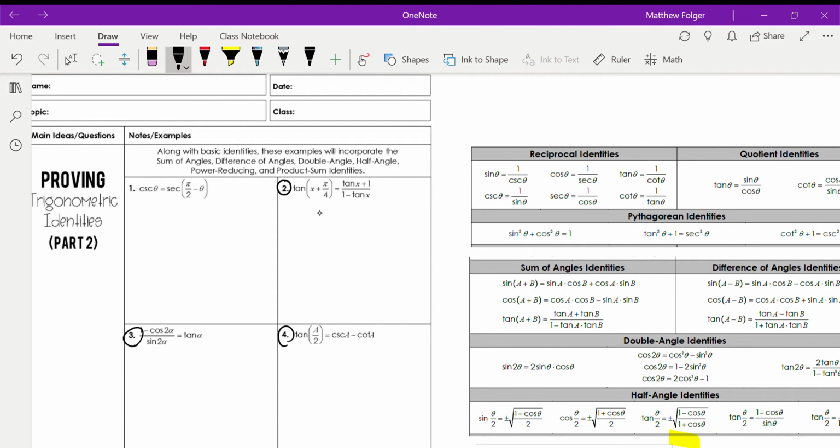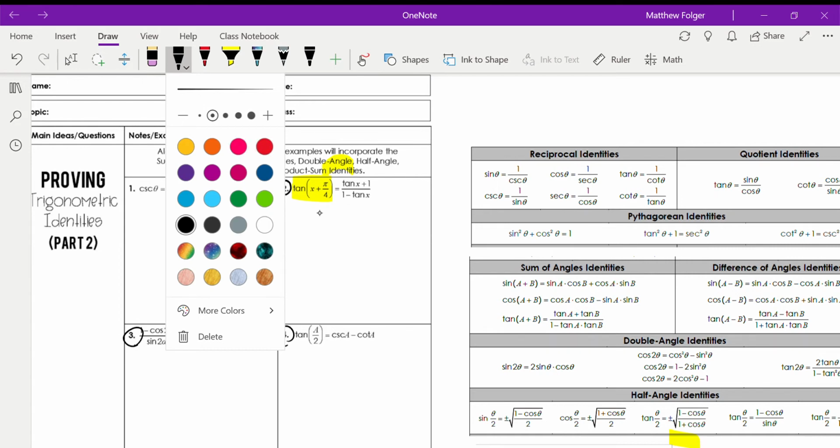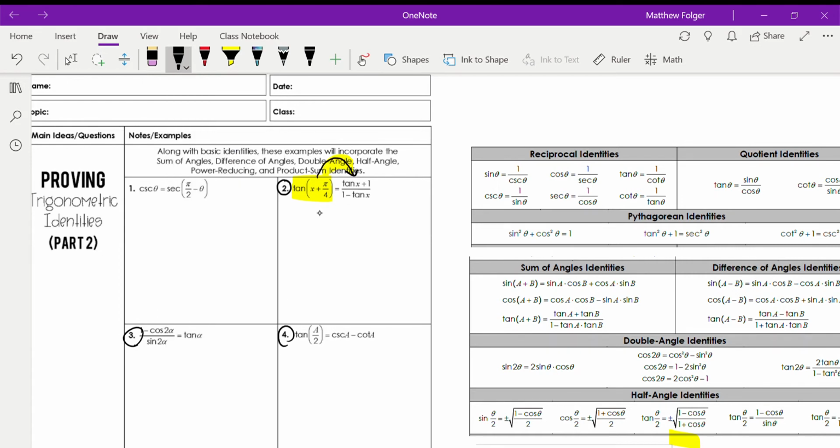So in this case, the side that we can simplify is this one. That's the one we're going to do because that is a tangent of a sum. So we want to take this side, just like before, and make it look like that side.